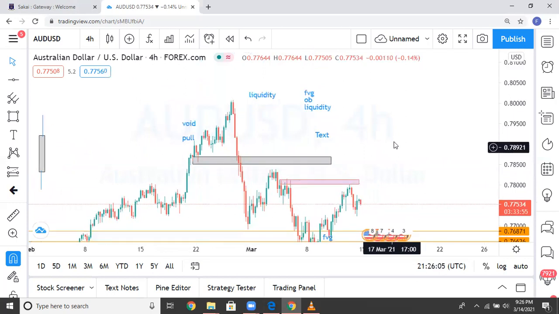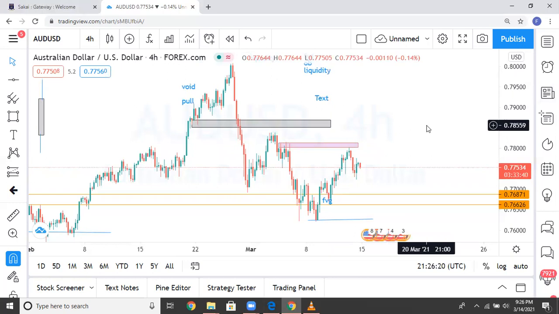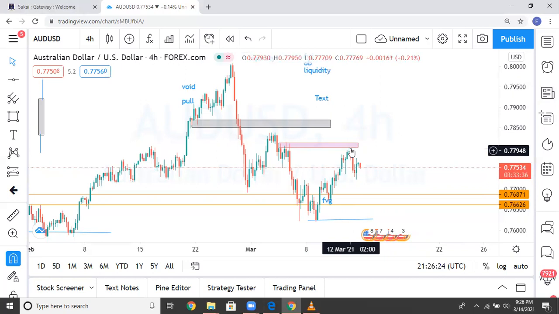Is that clear? So here the market was a selling market, and I can see that the market has broken the trend line and is now retesting. That's another way too.